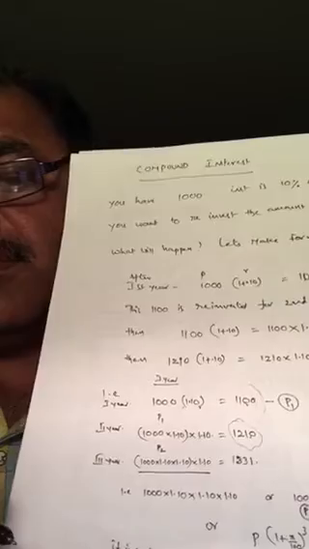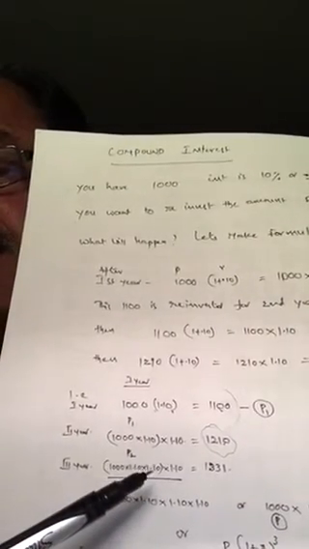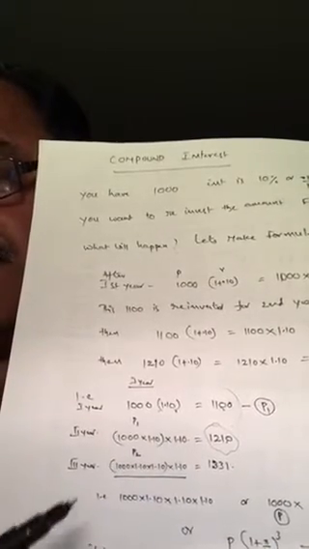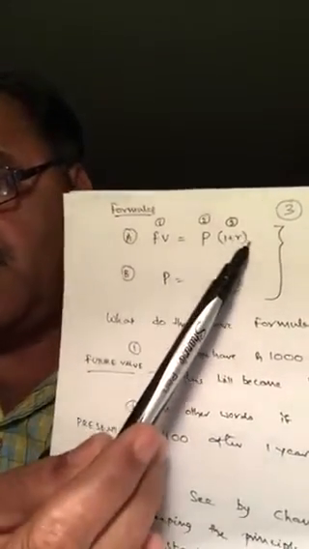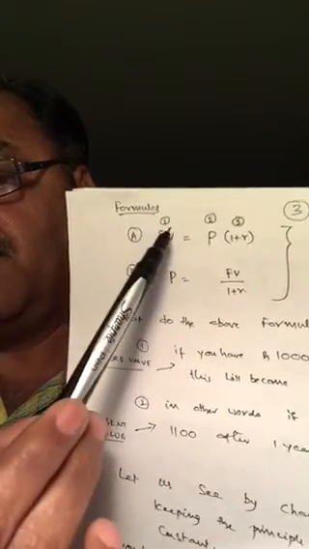Right? Now what I am telling is, to arrive at the future value, I am multiplying the present value with 1 plus R raised to the power of T. There are 3 values. You see here, the future value is present value into 1 plus R raised to the power of T. One is the future value.